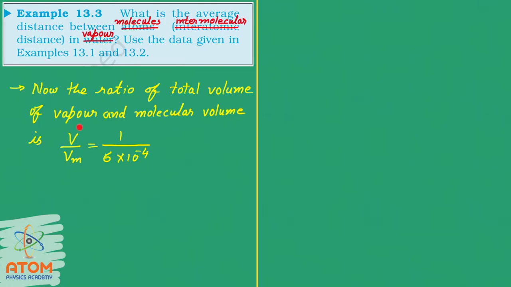So here we are finding V upon Vm, so it is 1 upon 6 into 10 raised to minus 4. That will give us 0.167 into 10 raised to 4. Now I can write that V is 1.67 into 10 raised to 3 into Vm.